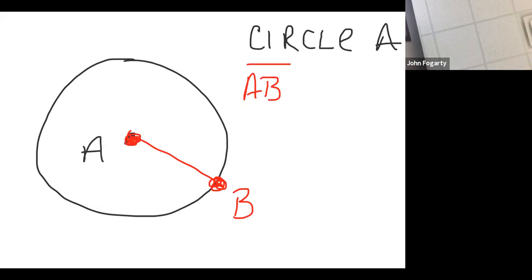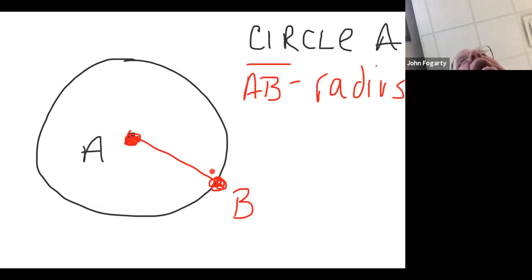Well, line segment AB is a radius. How do we know it's a radius? Because its two endpoints, A and B: one of them is the center of the circle, and the other one is on the circle.